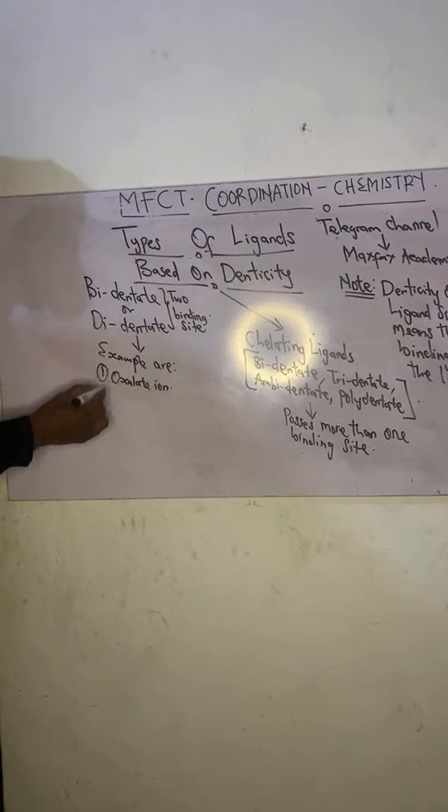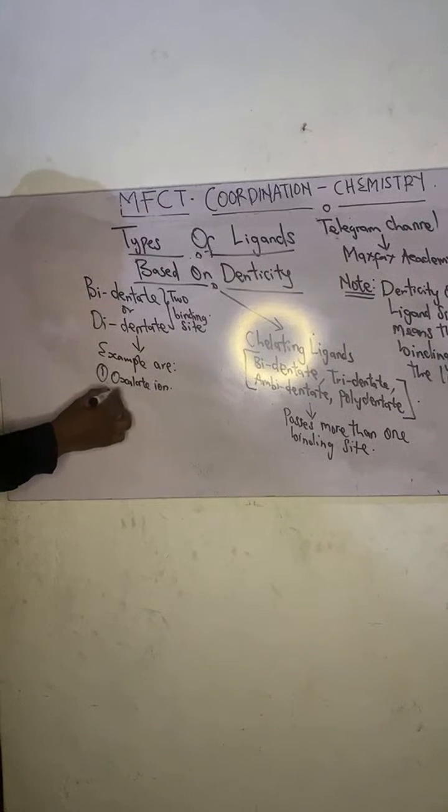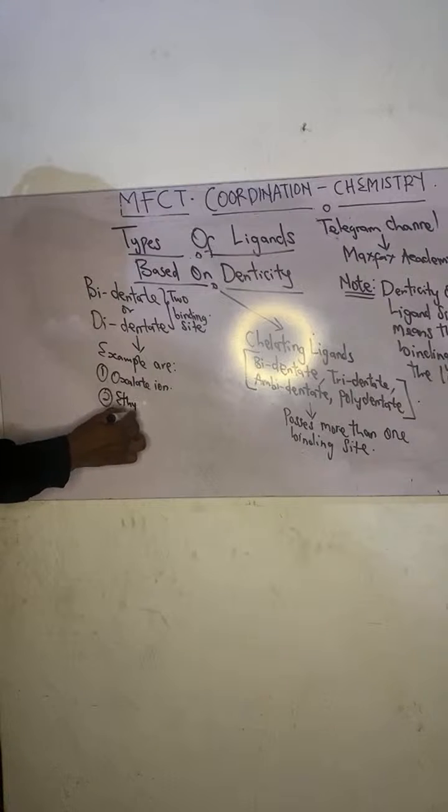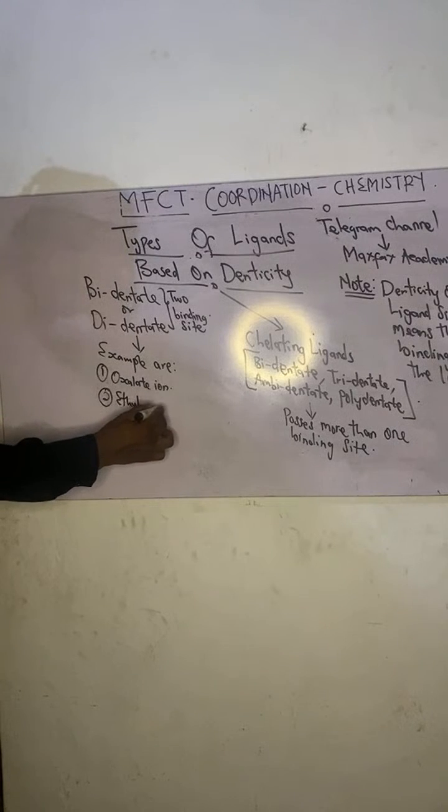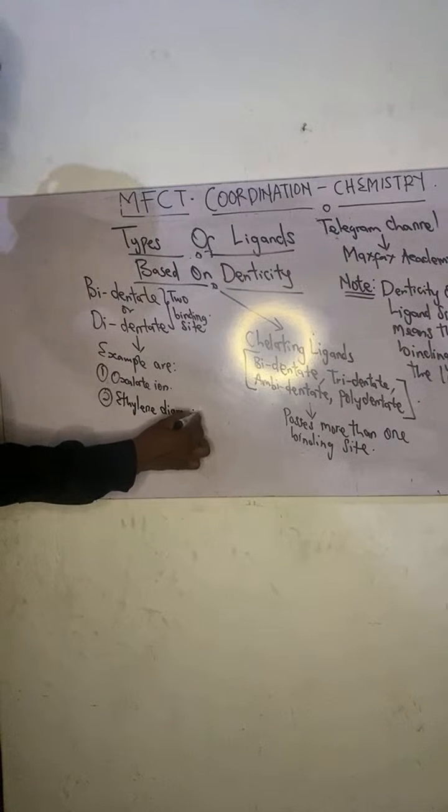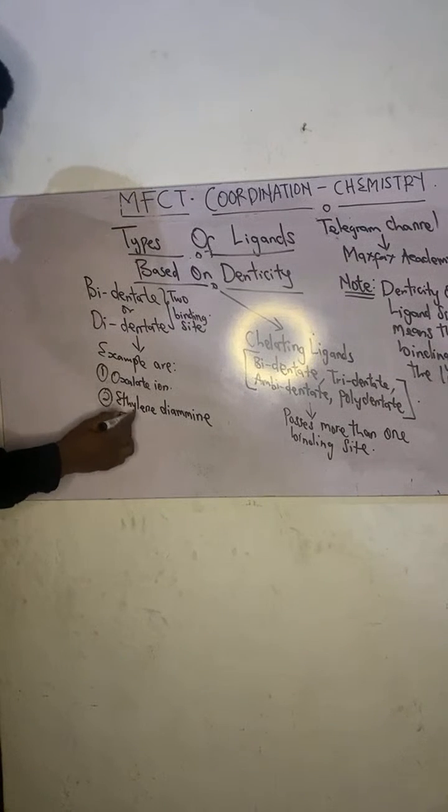So an example of a bidentate is oxalate ion. Another example is ethylene diamine. So ethylene diamine is another example of a bidentate ligand.